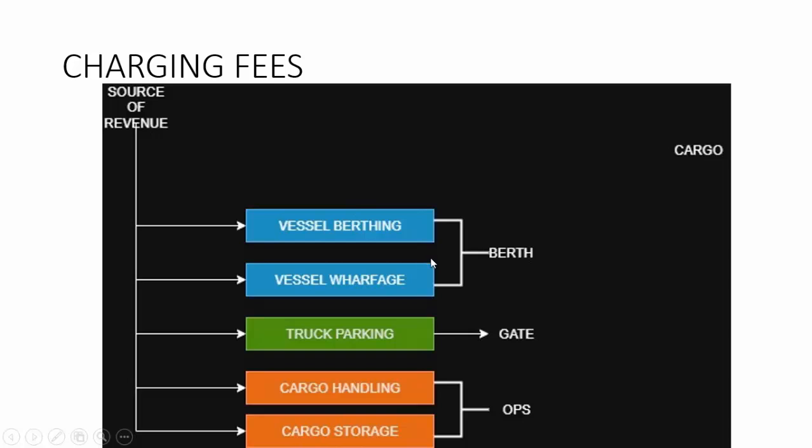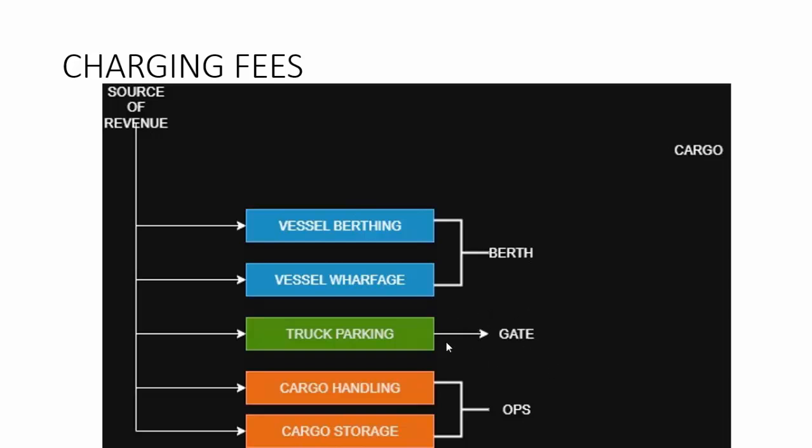Now we're going to see the source of revenues, because one major part of the warehouse, as we have seen in the introduction, is to manage the cargo movement in terms of kilograms, but also how much was collected in different activities, which are cargo handling, berthing, and wharfage.